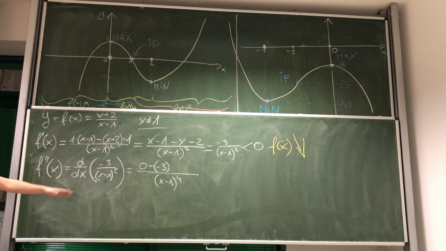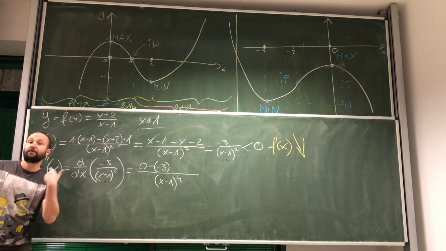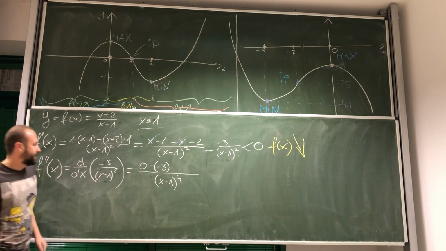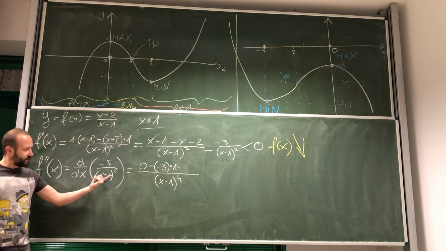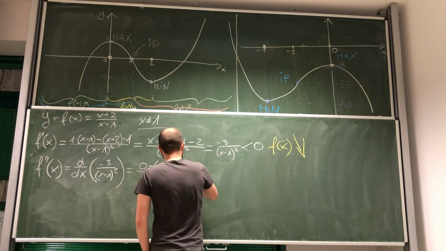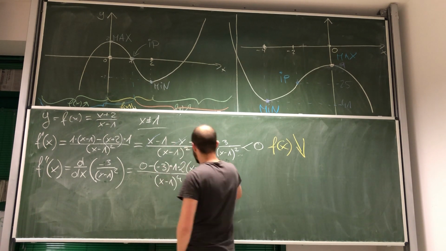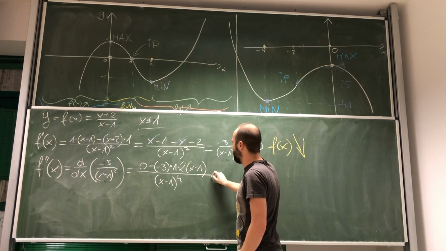Now look, in this case, in order to calculate the derivative, we need to use the chain rule, right? The derivative of the function inside is 1 times the derivative of this, which is 2 times x minus 1 to the power of 1, right? Okay, so what are we getting out of this?